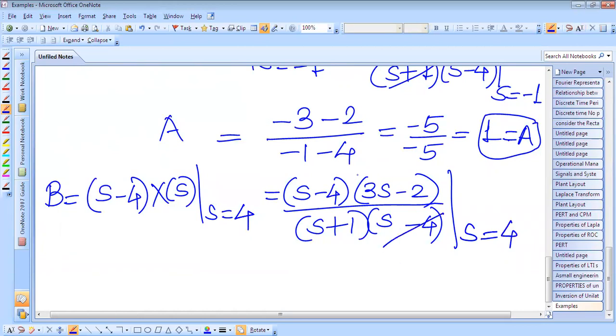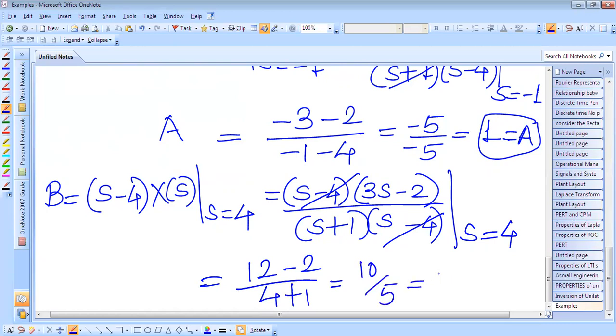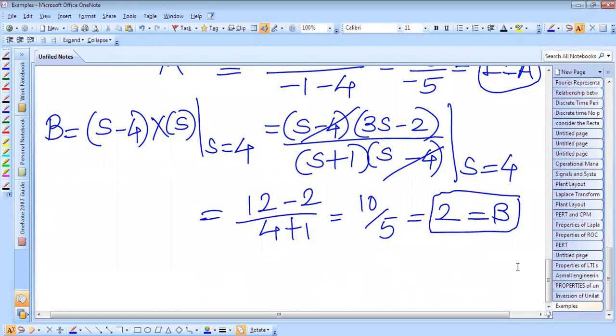So s minus 4 is cancelled. We get 3 into 4 minus 2, which is 10, over 4 plus 1, which is 5. So 10 over 5 is 2. So the constant B is 2.